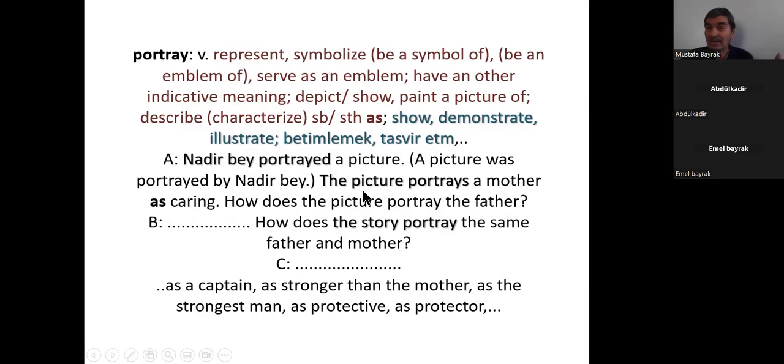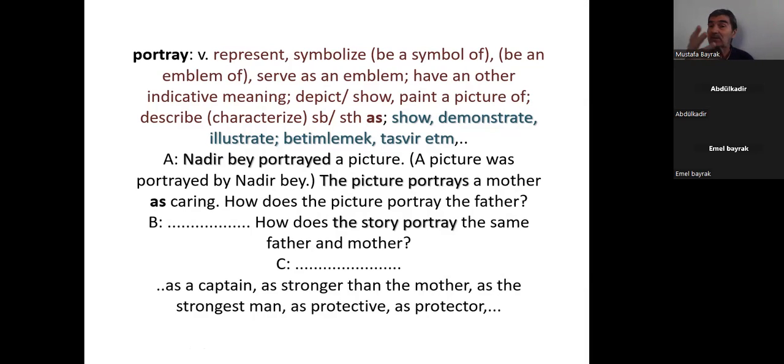What does the picture portray? The picture portrays a mother as caring, okay? How does it portray a mother? It portrays a mother as caring, loving. Okay. How does the picture portray the father?